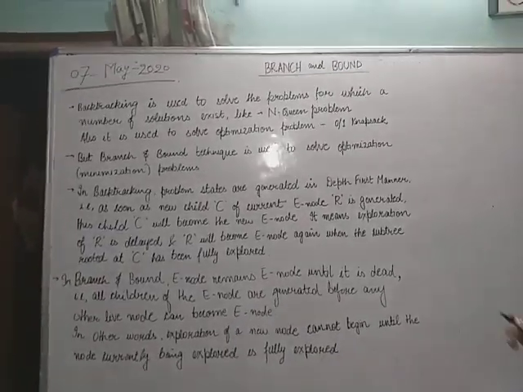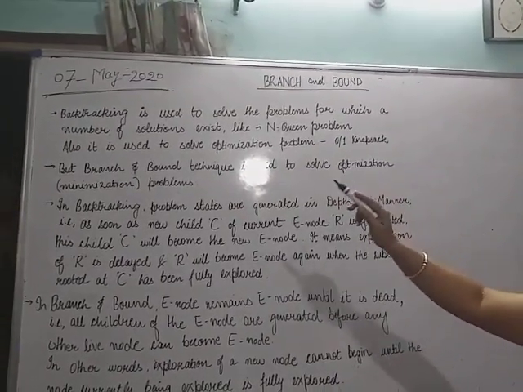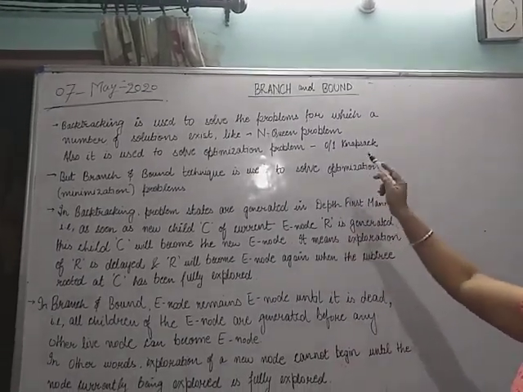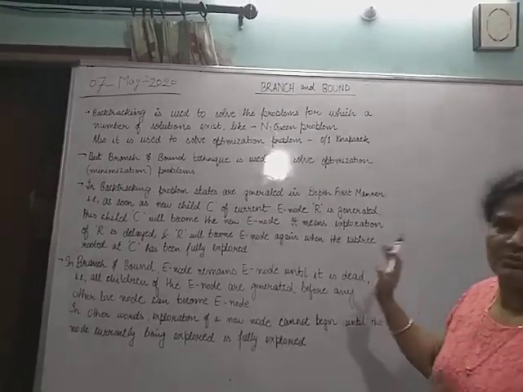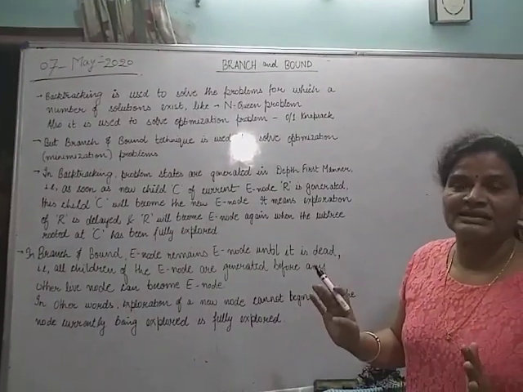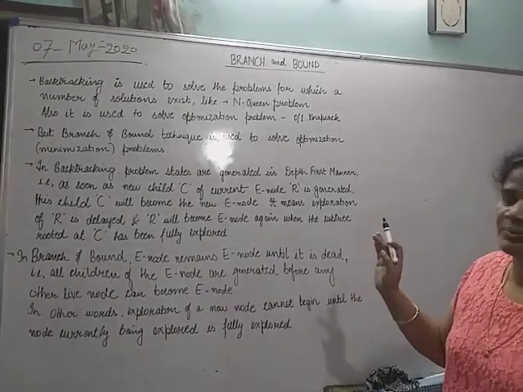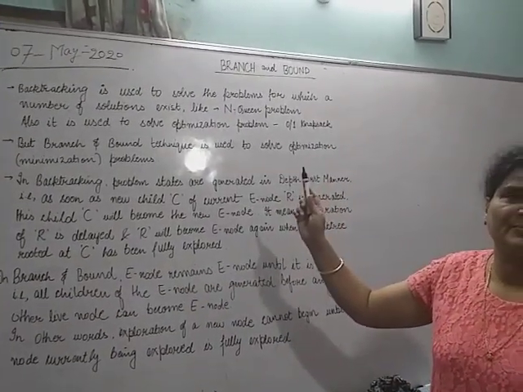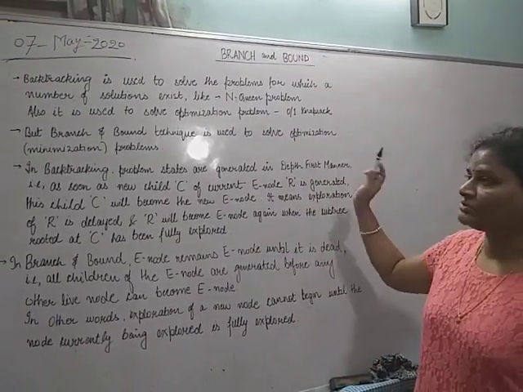Here I have written that backtracking is used to solve problems for which a number of solutions exist, like the n queen problem, graph coloring problem, or sum of subset problem, and the backtracking algorithm will write all possible solutions for the problem. It is also used to solve optimization problems like the 0-1 knapsack problem.